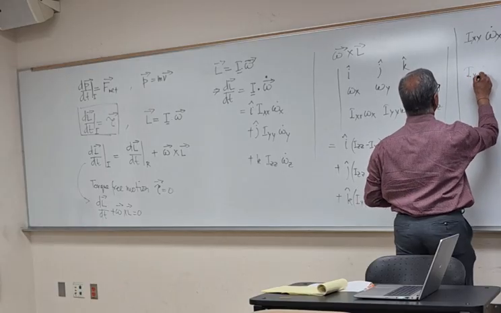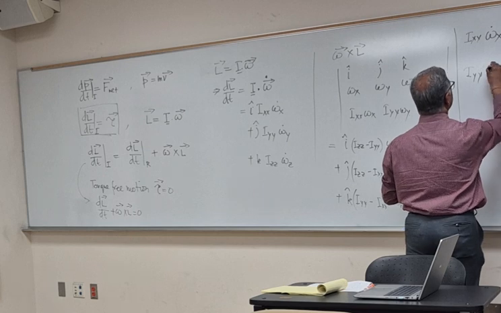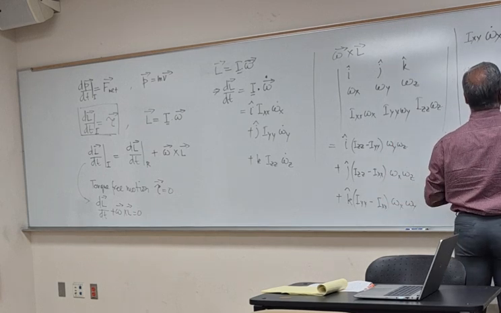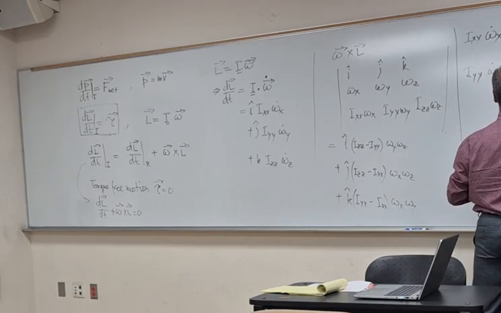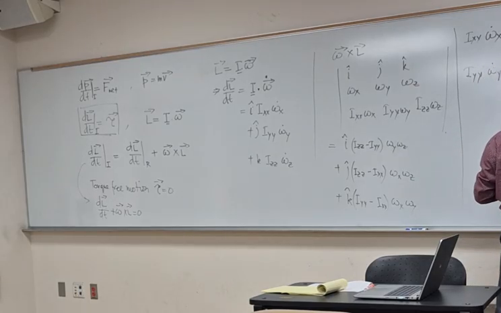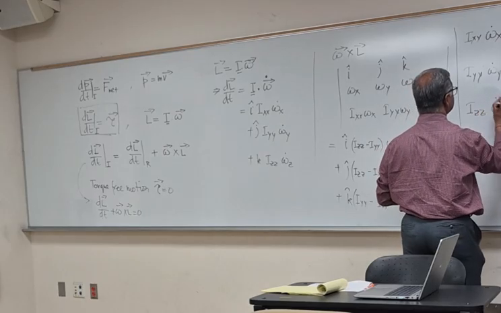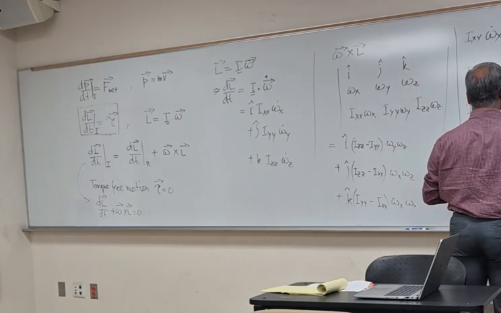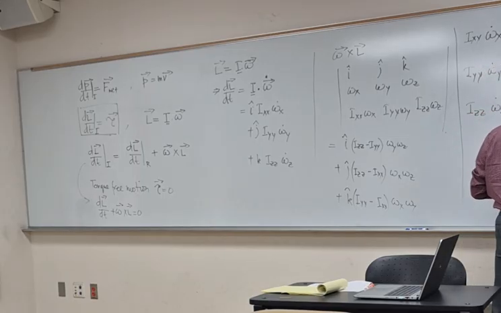Similarly, I_yy omega_y dot plus (I_zz minus I_xx) omega_x omega_z equal to 0. And I_zz omega_z dot plus (I_yy minus I_xx) omega_x omega_y equal to 0.